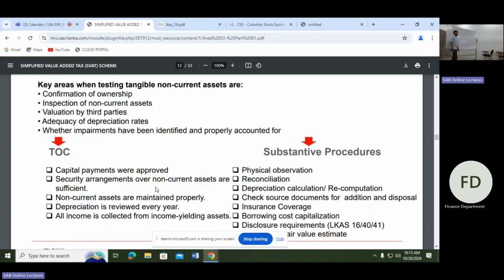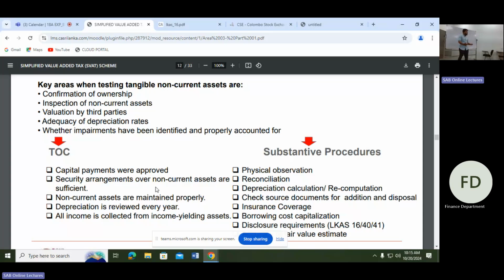Different reconciliations you can do: fixed asset register to general ledger, opening balance to year-end balance, financial statement note to general ledger, and physical verification to register. You can reconcile.